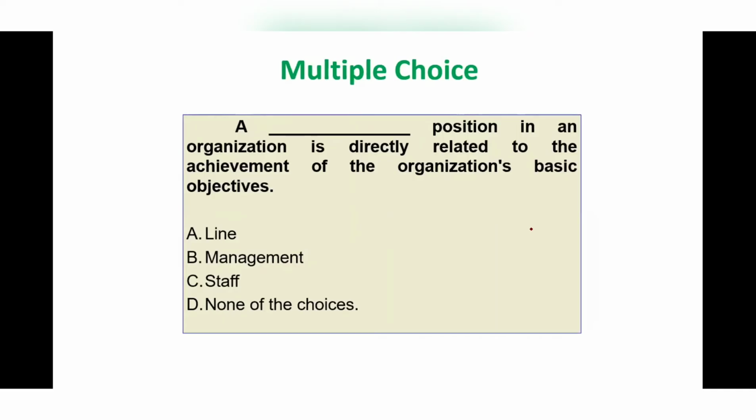A blank position in an organization is directly related to the achievement of the organization's basic objectives. Check ko nga. A, alright. Paki-isa lang lagi sagot natin. The answer is really A. You are correct. Very good.